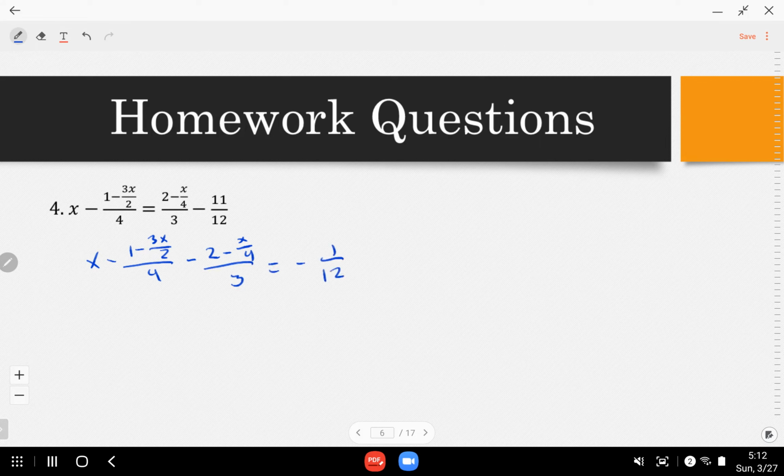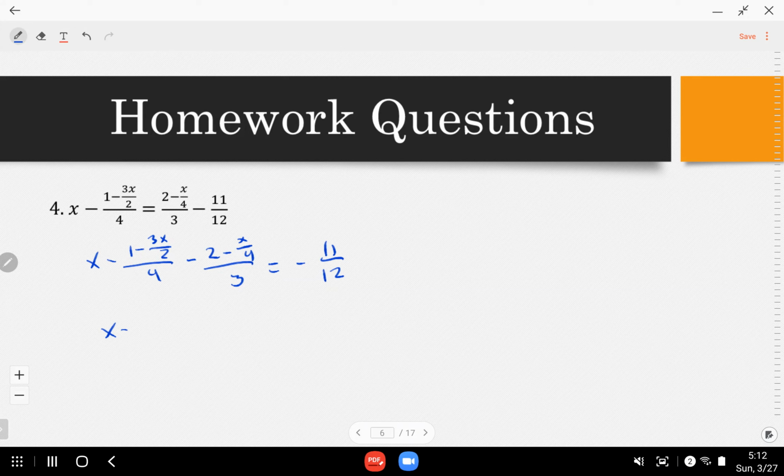And then what are we going to do? After that, we do x minus 1/4 minus (3x over 2) over 4 minus 2/3 minus (x over 4) over 3 equals negative 11/12.